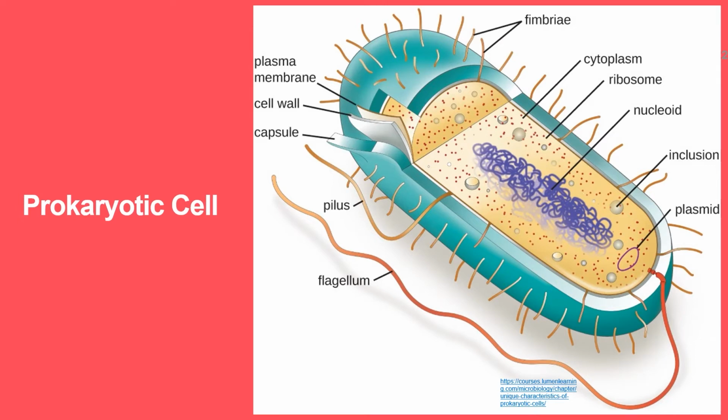What I also want to draw your attention to on the outside is that we have the plasma membrane, cell wall, and the capsule. And we'll talk about the cell wall at another time, but it's really important because the structure of that cell wall can make a difference when it comes to treating bacteria that are harmful.